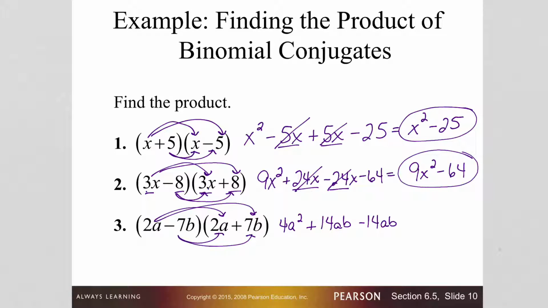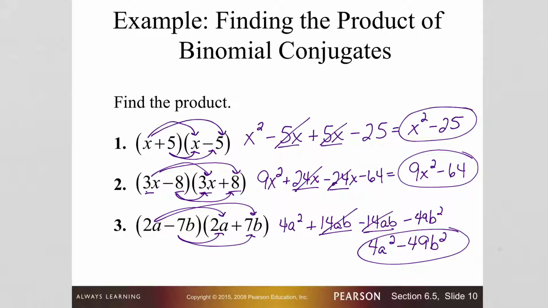Negative 7b times a positive 7b is a negative 49b squared. So there's my like terms, but notice one's a plus and one's a minus, so they create 0, and that goes away. 4a squared minus 49b squared, and there we go. That's it.